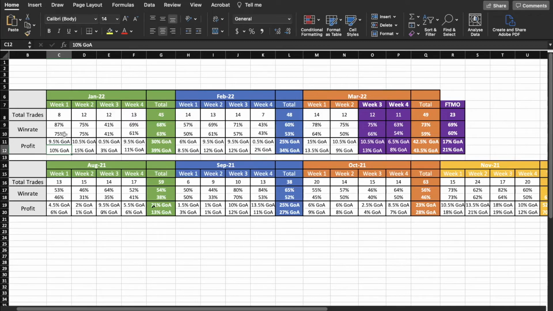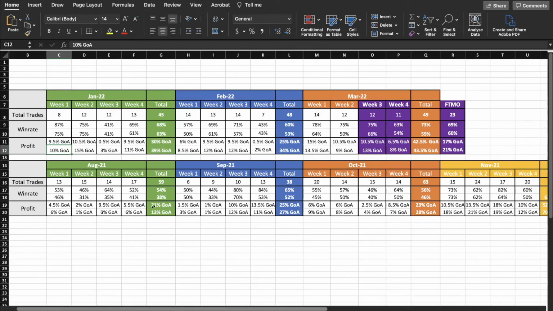And I like to keep my win rate up high. It's just for my mentality and for my mindset while I'm trading, because I don't like losing too often. So that's why I go for the 1 to 1.5 risk reward ratio, because the win rate tends to be higher than on the 1 to 2 risk reward ratio.